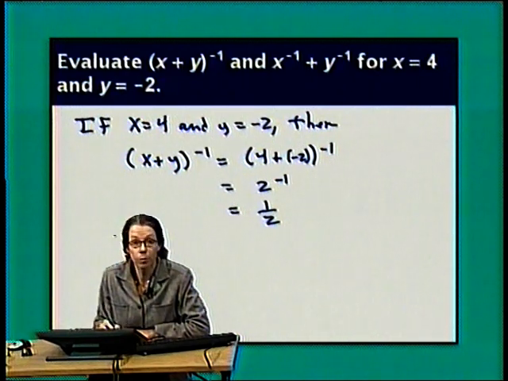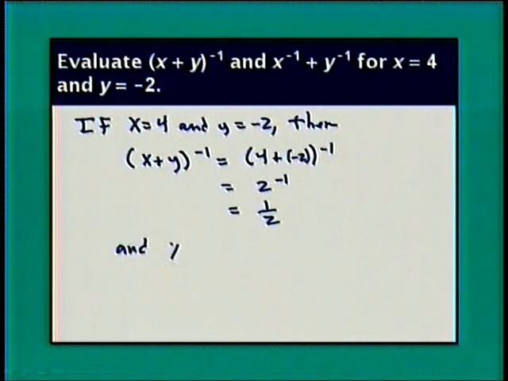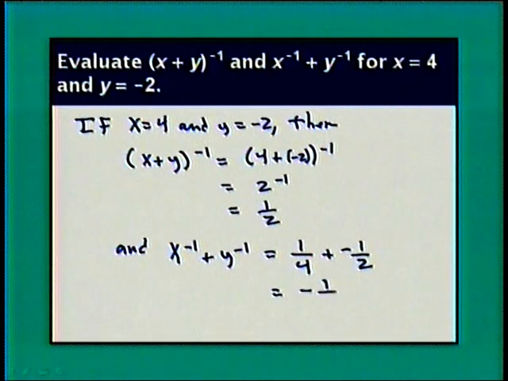On the other hand, x to the -1 plus y to the -1, that's the reciprocal of x, which in this case is 1/4, plus the reciprocal of y, which is plus -1/2. And when I subtract 1/2 from 1/4, I get negative 1/4. You can see here, once we do some arithmetic, that the reciprocal of the sum is not equal to the sum of reciprocals.